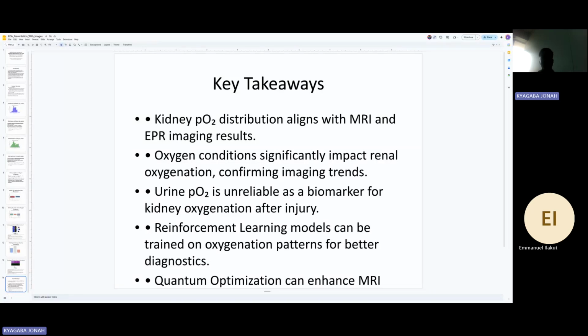Also, urine is unreliable as a biomarker for kidney oxygenation after injury. Reinforcement learning models can be trained on these oxygenation patterns for better diagnostics, and to help health workers analyze the images better and give treatment remedies quickly. Yeah, thank you very much.